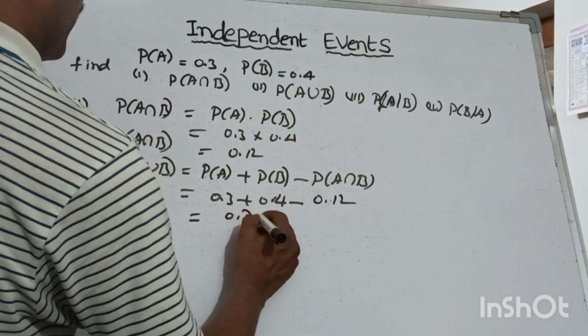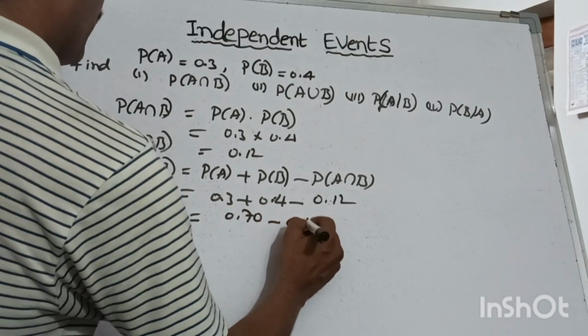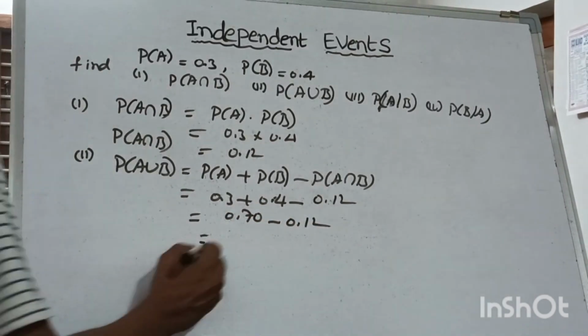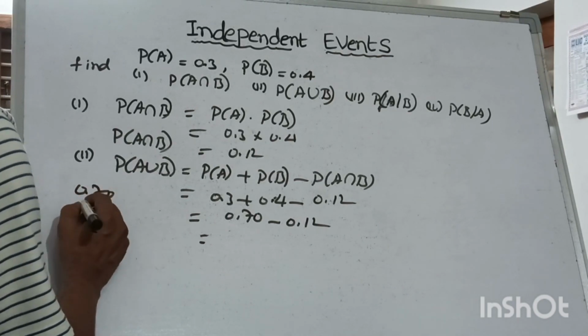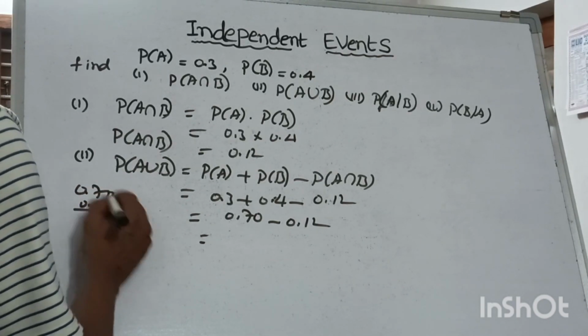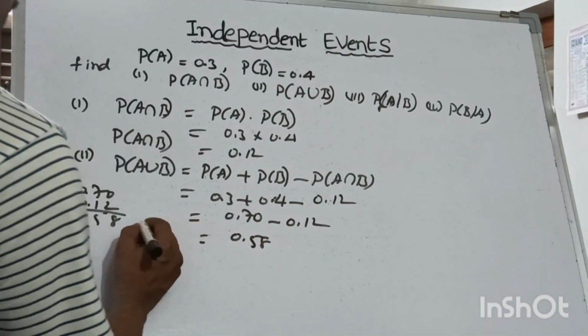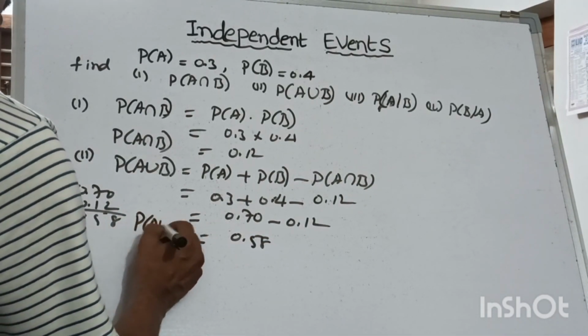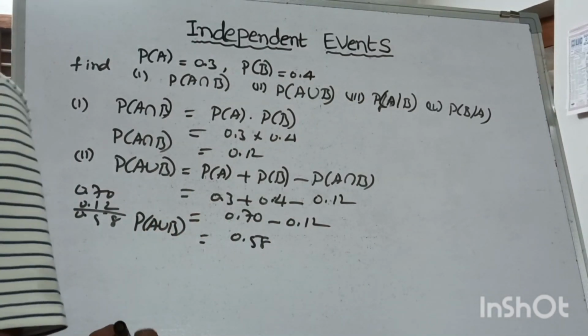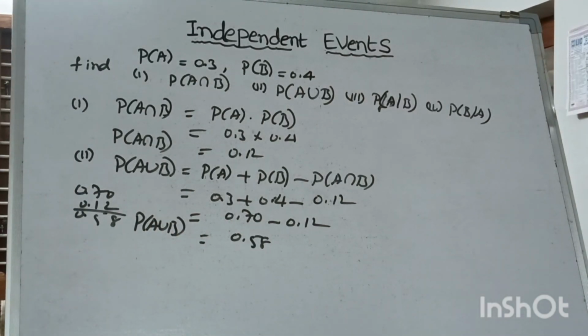So this is 0.7 minus 0.12, and we get 0.58. Probability of A union B is equal to 0.58. Next, the third one.